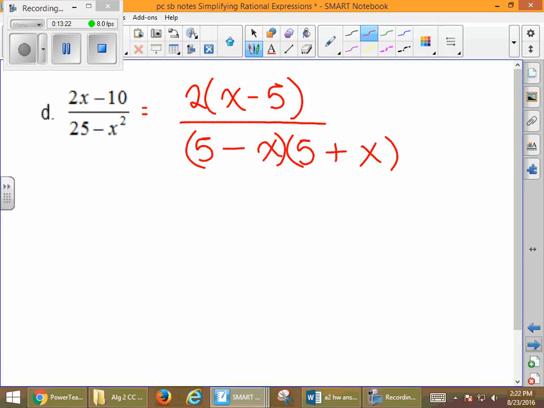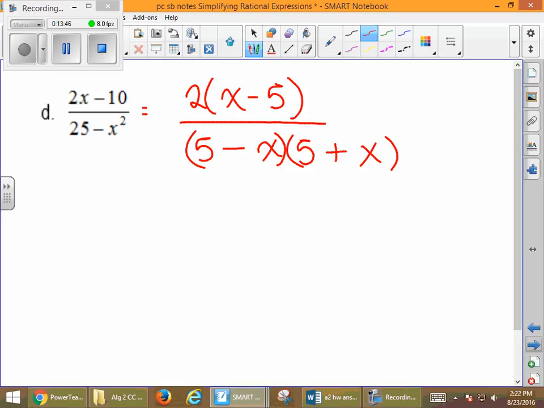That means x is positive and 5 is negative. Down here, this 5 minus x, 5 is positive and x is negative. We almost have the same value on top and on bottom. And we can manipulate this so that it is the same on the top and the bottom.